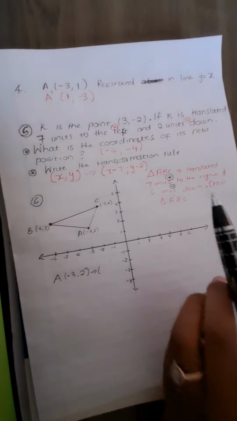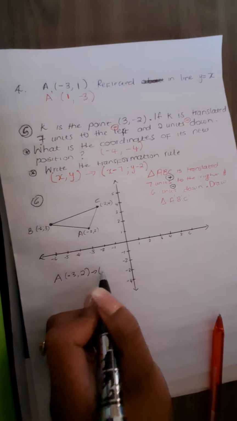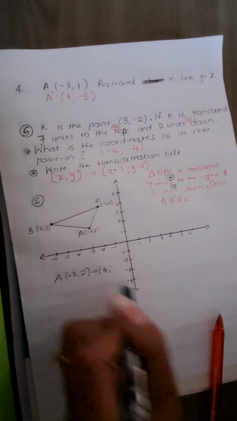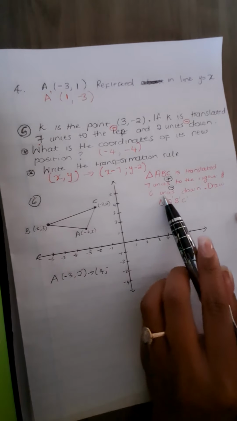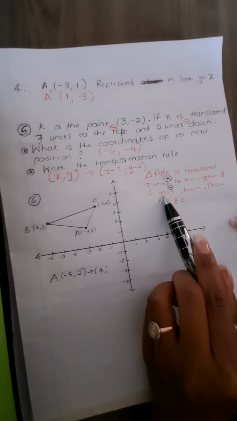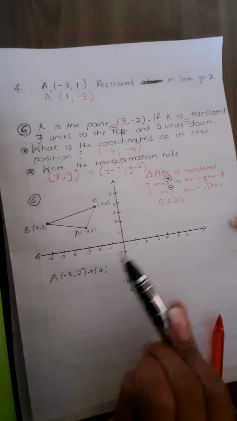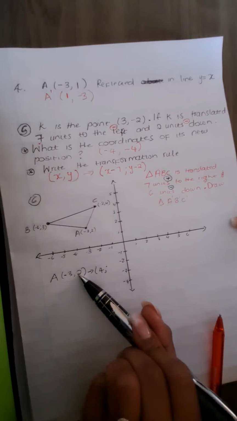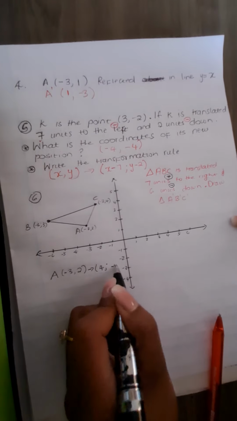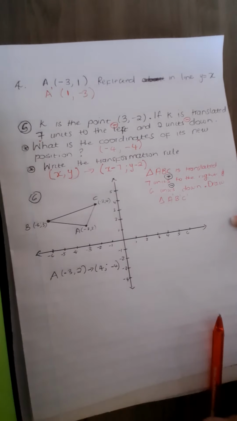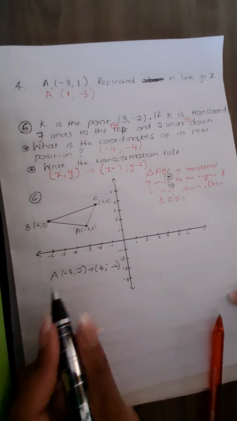So -3 plus 7, it is +4. And then we go for our Y coordinate. They are saying for our Y coordinate we're moving 6 units down, so you will have 2 minus 6, which is -4. This is your new image.